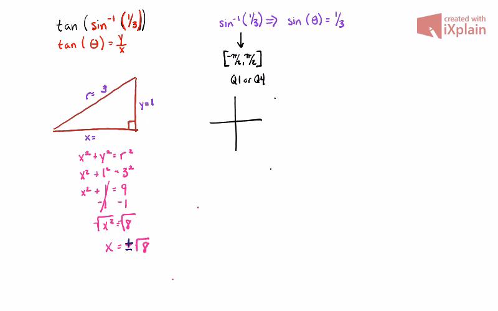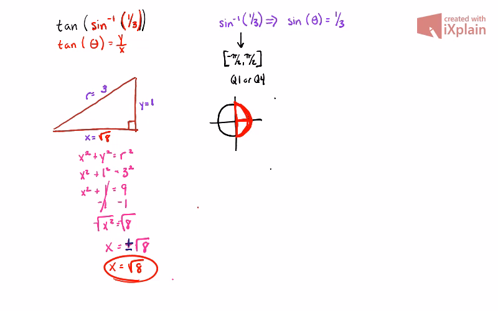So let's just draw a quick picture. Sometimes pictures help. I am only working in here. So what does that tell you about your x values? Hopefully you're saying, well, they're all positive in here. So that means that my x value has to be a positive root 8. So I'm just going to go ahead and label that.